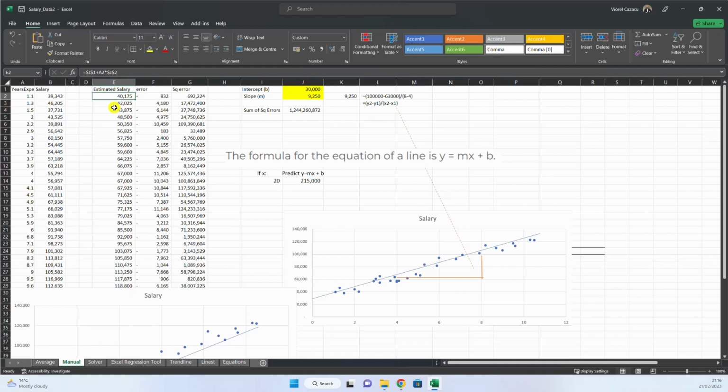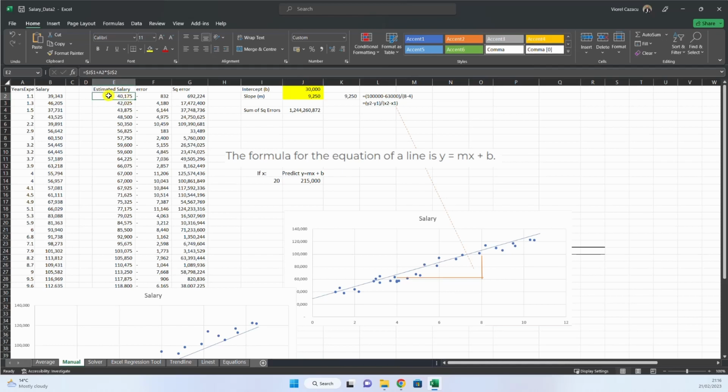Okay, and now we can construct this equation. We say it here in this column, estimated salary is the intercept, J1, plus the year multiplied by the slope, J2.